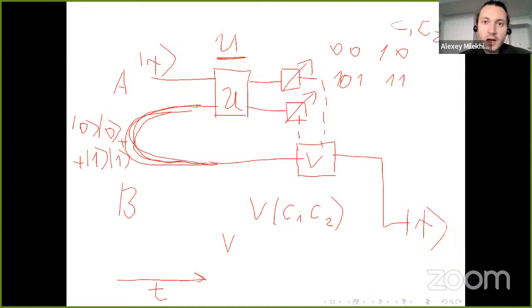Suppose Alice measured her qubits and ended up with states 0, 0.